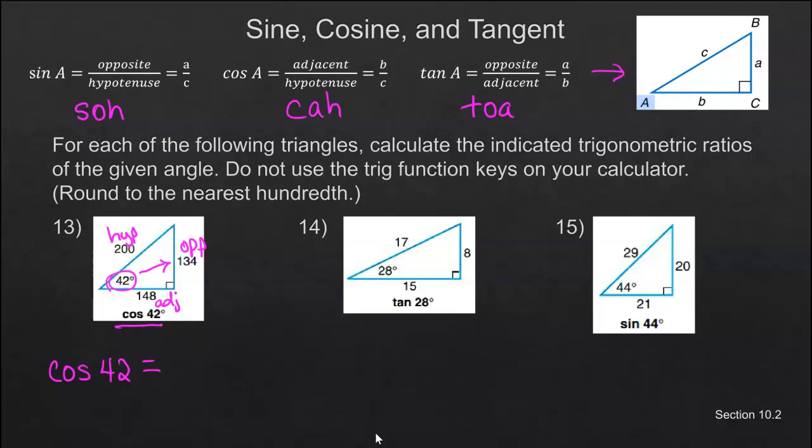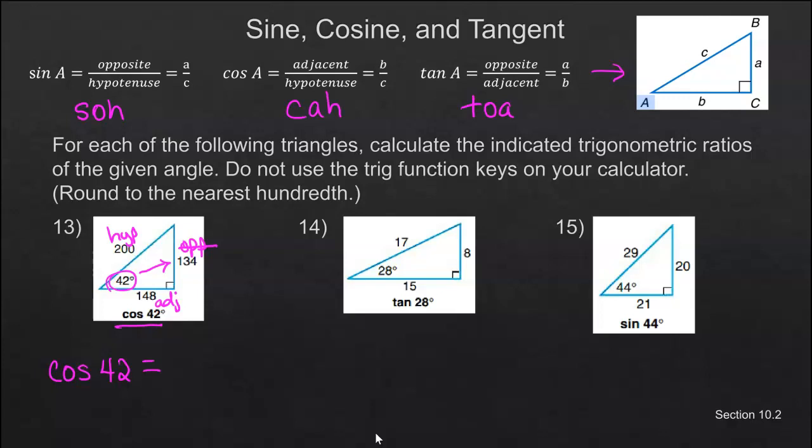So that's the reason for talking about the opposite. I don't really need that side for this one. I need adjacent over hypotenuse. And so when you're looking at the opposite side, it's always opposite the angle, and you can draw that arrow and say, okay, I'm doing cosine. I don't need this side, but I need to know where it was to make sure I get my adjacent side correct, because often the adjacent side is the more confusing one.